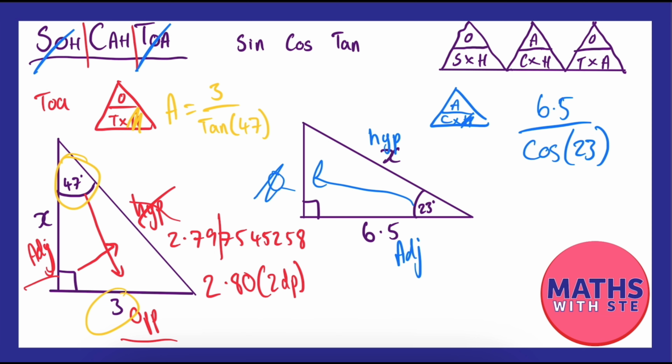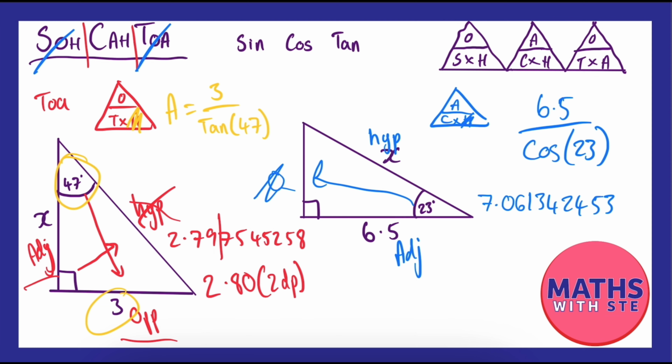Fraction sign, 6.5. Press down, cos 23. Close your brackets. Press equals. I'm going to do it to 2 decimal places again, so I'm going to do the full one first. So it comes out 7.061342453. Big one.